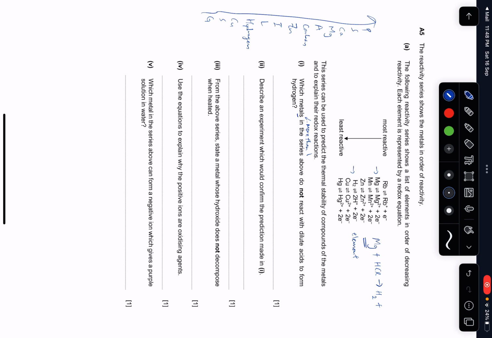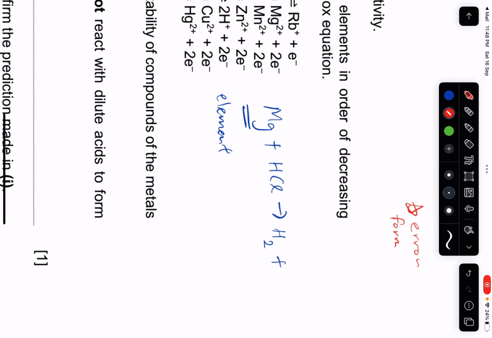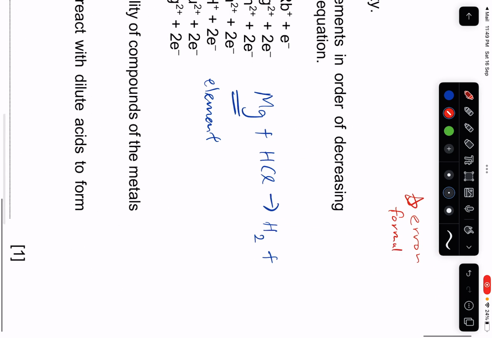So please do not commit this error here. This error is to do with formula. Okay, let me zoom in. Formula of ionic compound. This is something that most of you will commit, but really don't waste the mark. Intentionally be careful. What do I mean? Now you need to think about a formula of an ionic compound that has Mg and Cl.